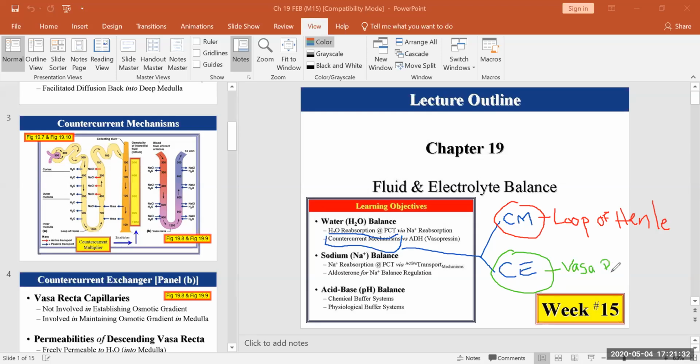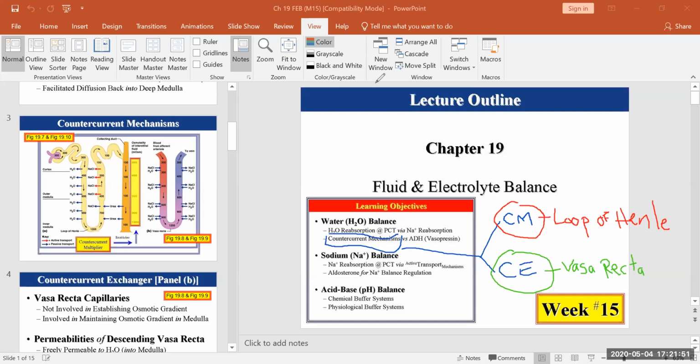So it's a capillary bed that interacts closely with the loop of Henle. And when you hear the word vasa recta, we are talking about the juxtamedullary nephron with long loops of Henle, okay?